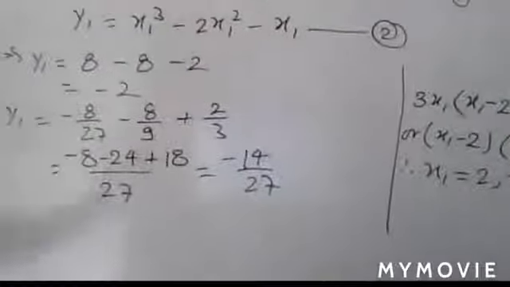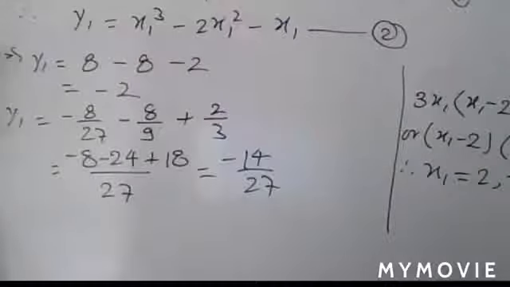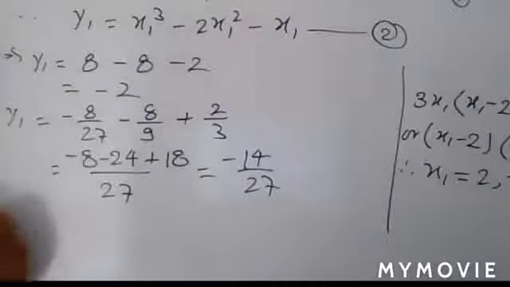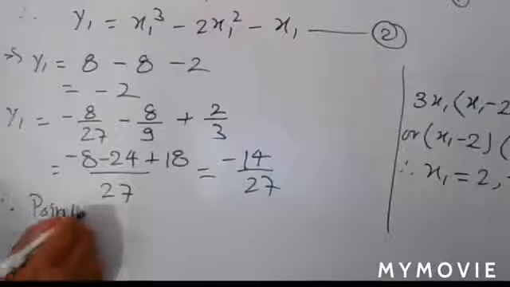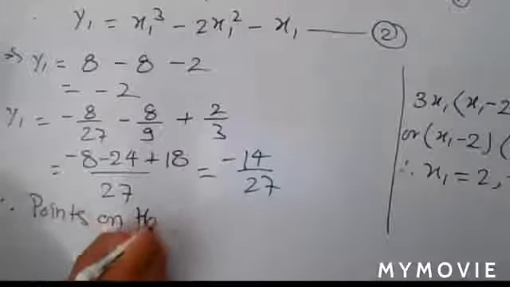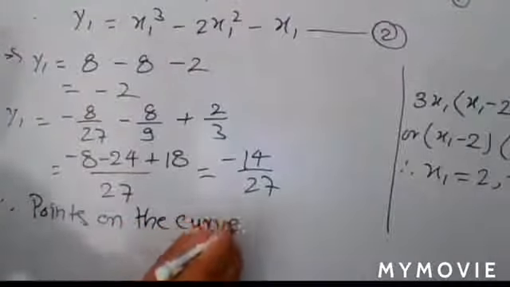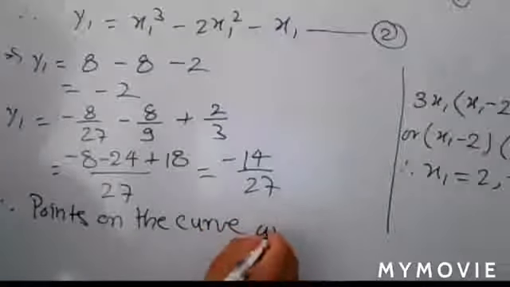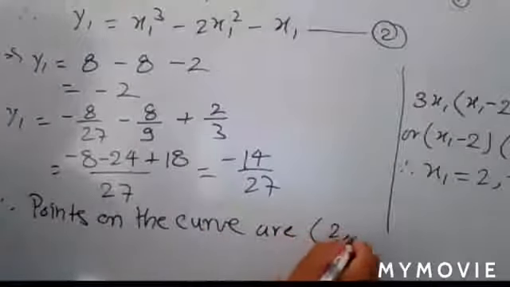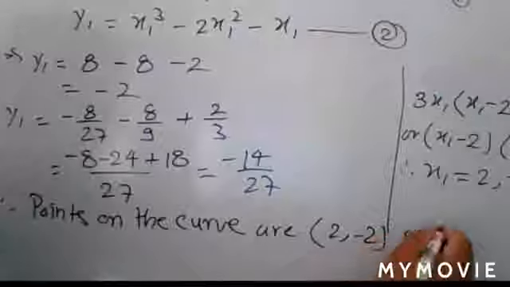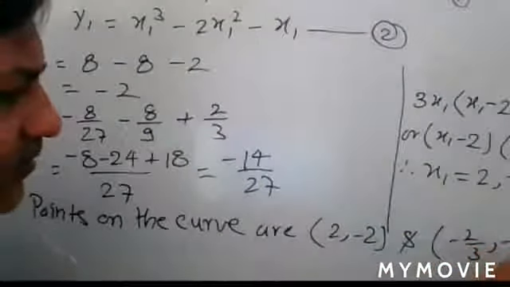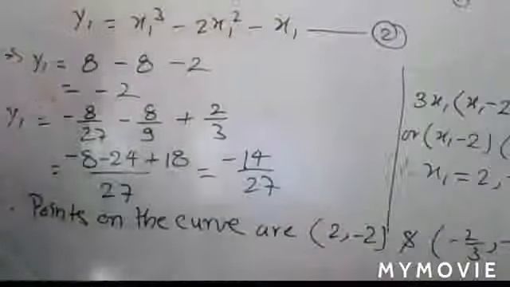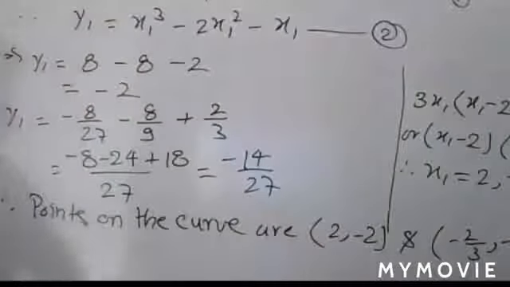So in this way, here you have the value of y1. So what are your points? Hence the points on the curve are 2, minus 2 and minus 2 by 3, minus 14 upon 27.